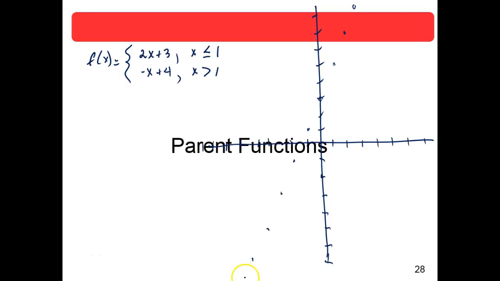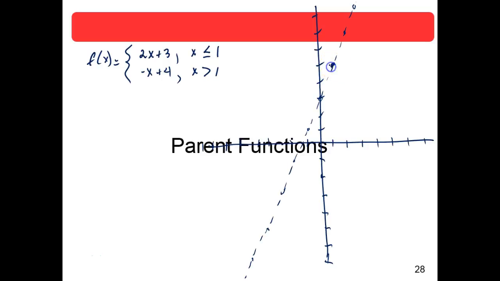And what I'm going to do is connect the dots, but I'm going to do it with a dotted line. Now, there's a reason for that. Because this function is not defined everywhere that way. It's only defined where? Where it's less than or equal to 1. Well, where is x equal to 1? Right 1 and go up until you find the function, and it seems to be right there.